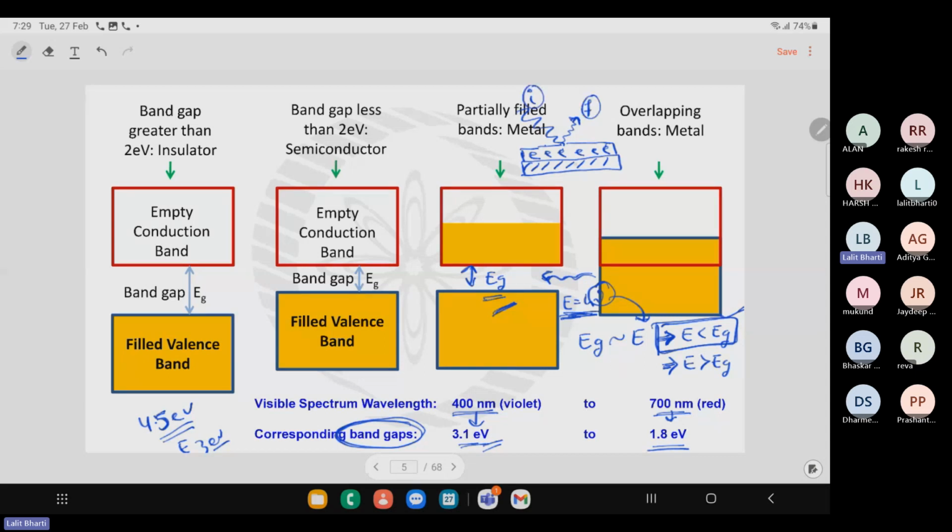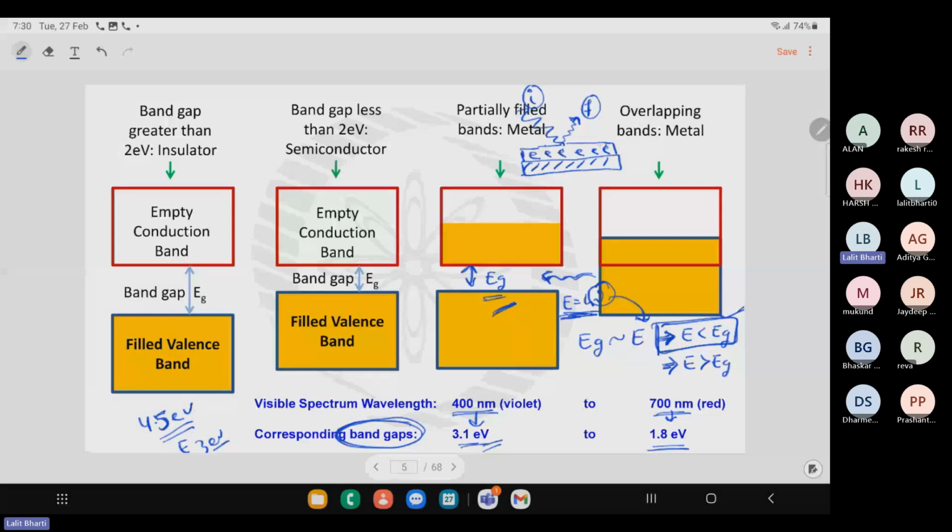Your final wave will be similar to your incident wave, but in the opposite manner. For simplicity, you can just take it as your incident wave interacting with this layer of charges, which are basically electrons, and it will reflect back. That is why most of the metals are shiny in nature.